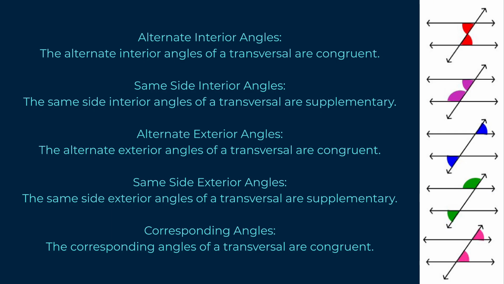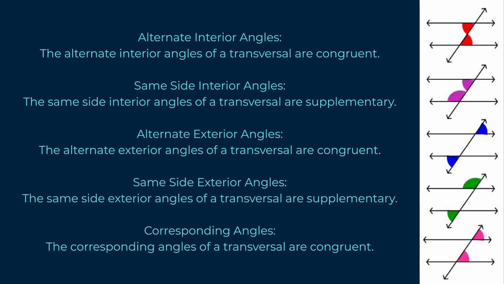And so let's talk about these 5 pairs of angles now, such as alternate interior angles. They are congruent. If you would like to see it, in our original transversal drawing, that would correspond to angle 3 and angle 6. If you want to pause and try to figure out why angle 3 is congruent to angle 6 by using corresponding angles and vertical angles, you may do so now.